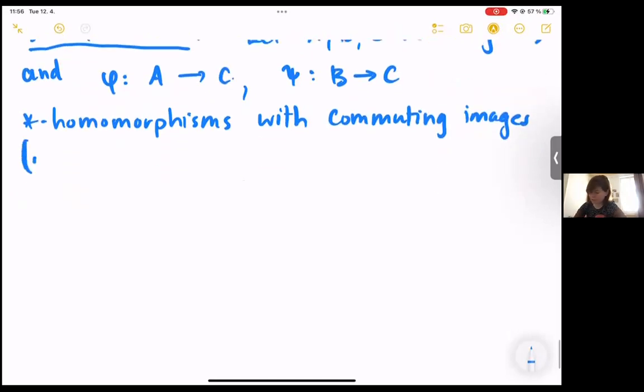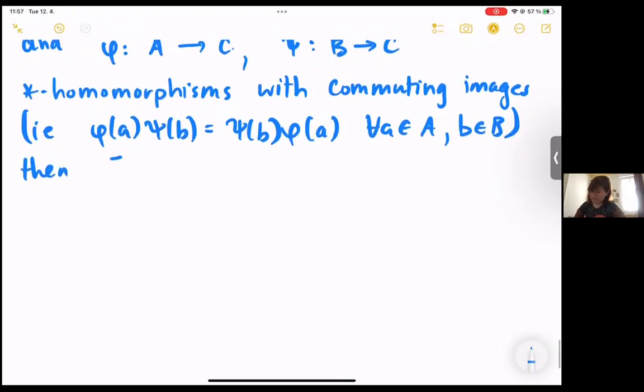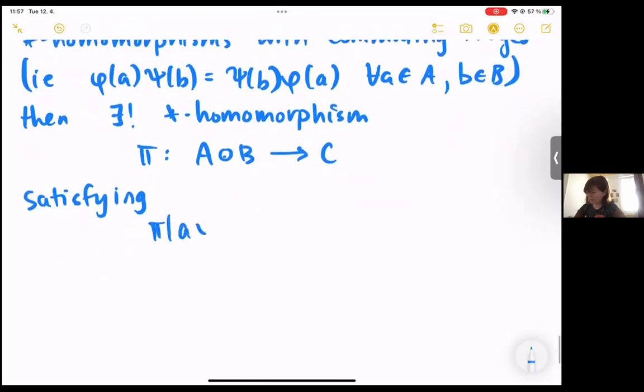So by that, of course, I just mean that phi(A) psi(B) is the same as psi(B) phi(A) for all A in A and B in B. Then there exists a unique star homomorphism pi from the tensor product A tensor B, which we will call pi, satisfying pi(A tensor B) is just phi(A) times psi(B).